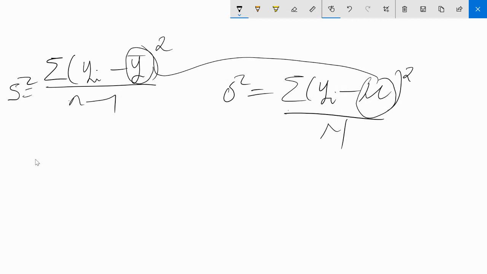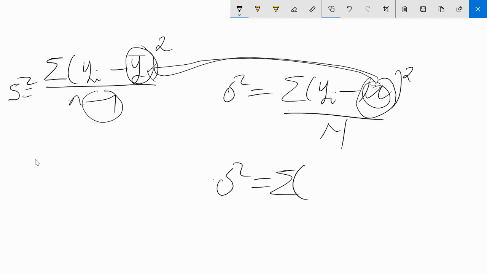So we are trying to adjust this. We lost 1 degree of freedom because we estimated this population parameter by the sample one. So if we take this to what we are dealing with now, our mu is the expected value of y.